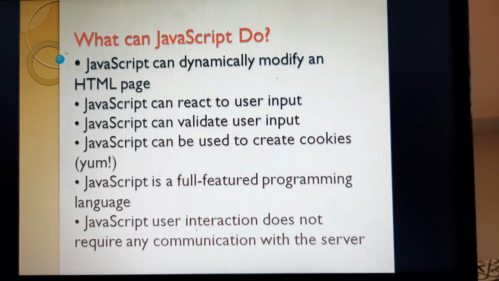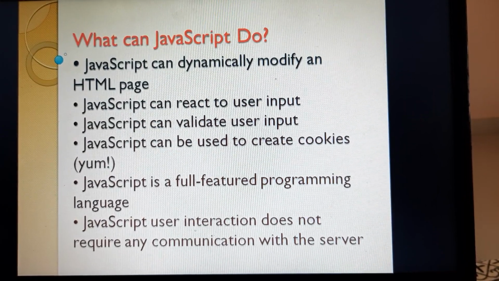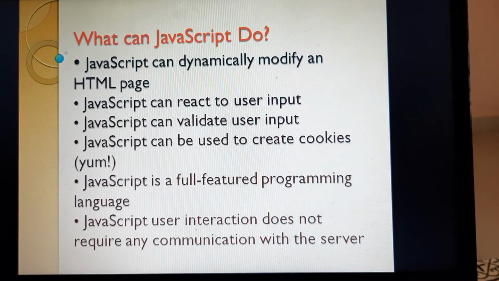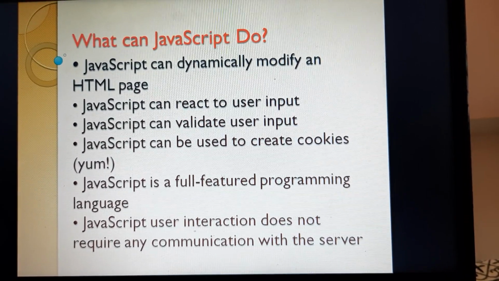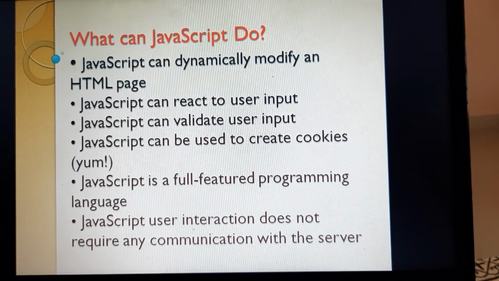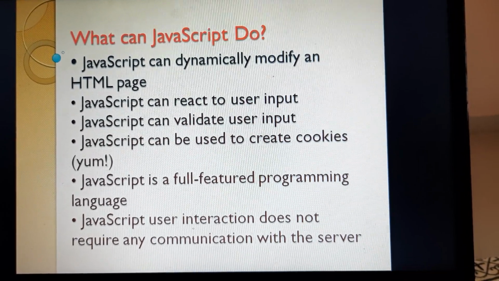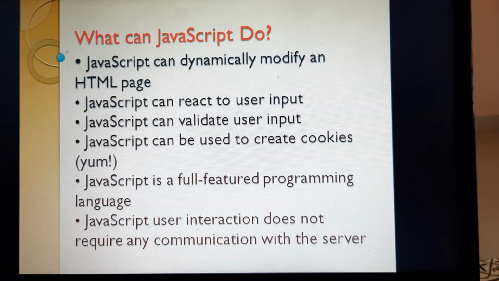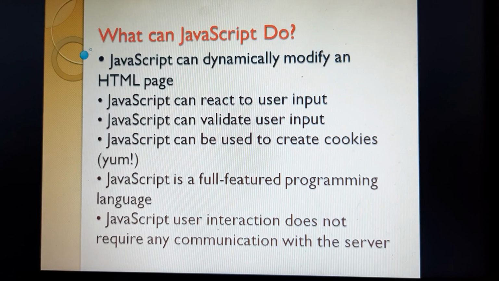It is a full-featured programming language: all the features of languages like C and C++ have been adapted into JavaScript. Therefore, we get a full-featured programming language in JavaScript. The concepts which we implement in other programming languages, similar concepts we can implement in JavaScript also.